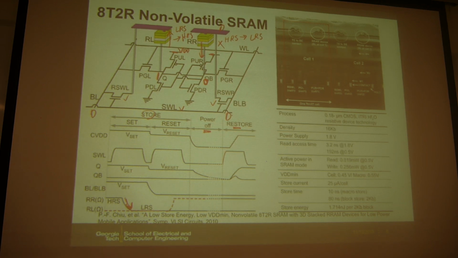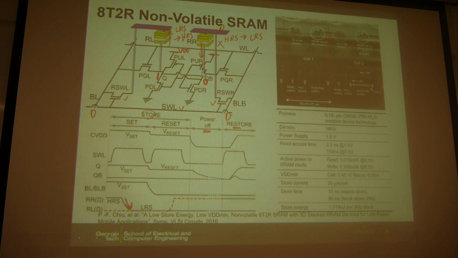Once you power up the VDD, the SRAM cell will automatically flip to this 1 and 0 state because the RC is very different for those two sides. Because this side is LRS and the other side is HRS, this side is going to charge faster.